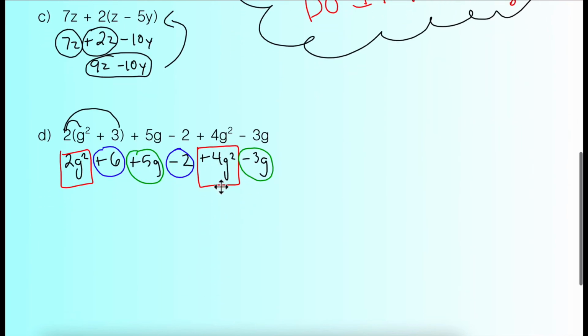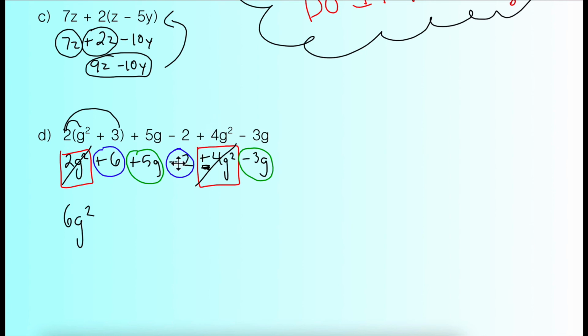So now that we've got the distributive property done, we've identified the like terms, now we can go about combining our like terms. You always work from left to right. So the first term, 2g squared plus 4g squared. I'm adding them because of the plus sign that's just in front of the 4g squared. So 2g squared plus 4g squared is 6g squared. I'm going to cross those terms out since we've used them. They're done.